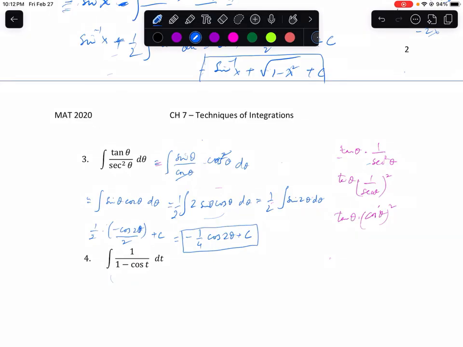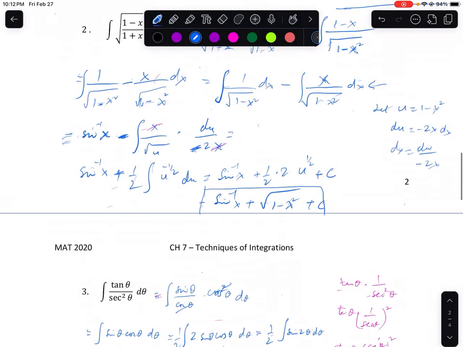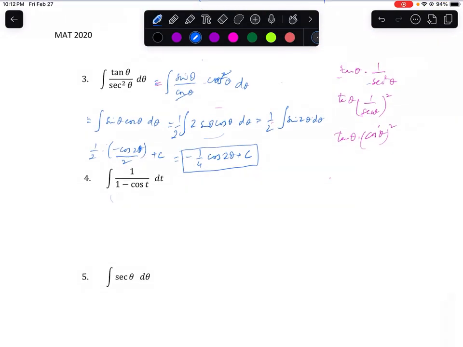But if you recall, there is no trig identity which involves just 1 minus cosine t. But 1 minus cosine square t, we have something. So that's what we are going to do here. We are going to manipulate and make the integrand such that I have a 1 minus cosine square t at the bottom.